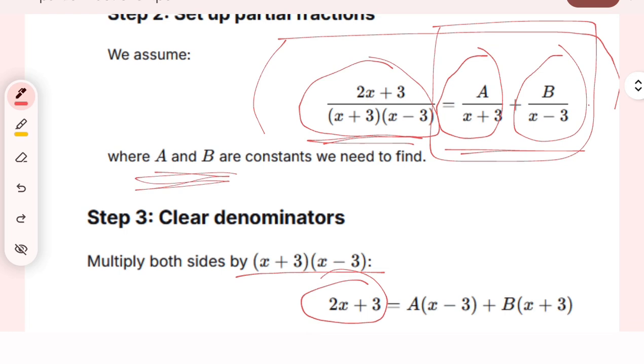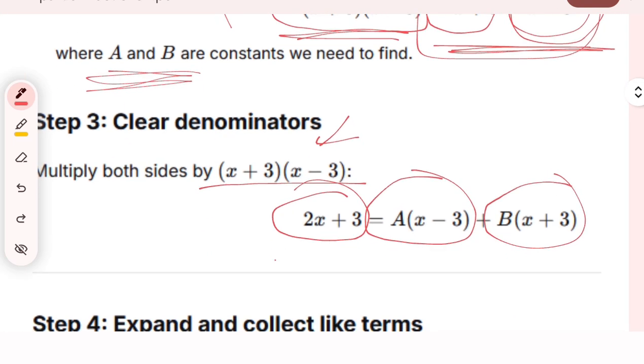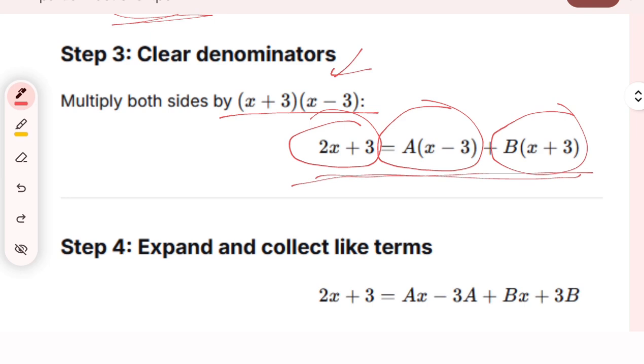If we multiply by (x + 3)(x - 3), the (x + 3) cancels out in the first term, and what is left is A times (x - 3). In the second term, the (x - 3) cancels out, and what is left is (x + 3) times B. There are no fractions anymore.